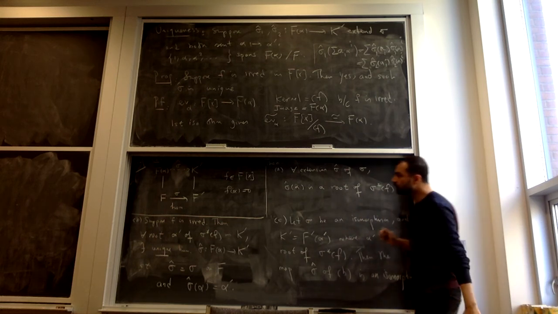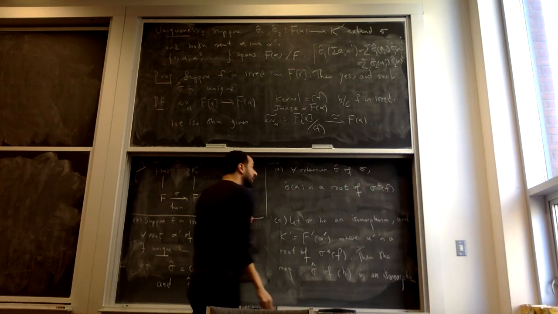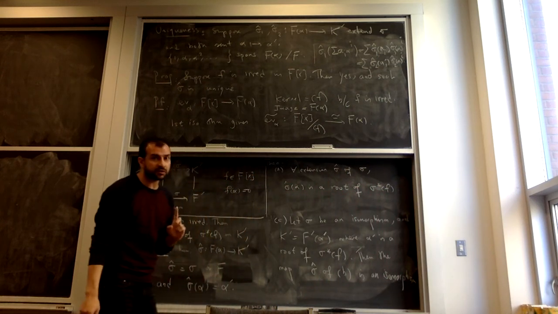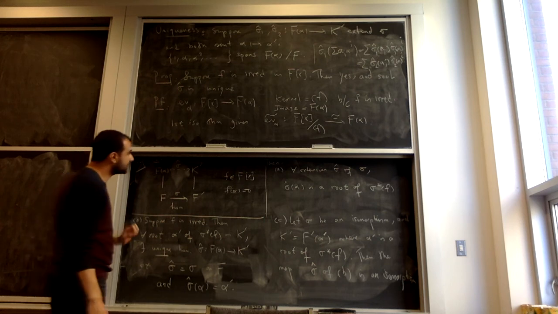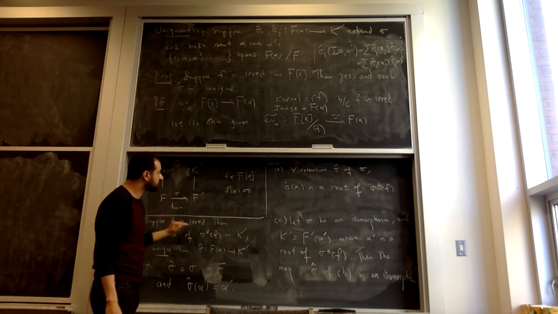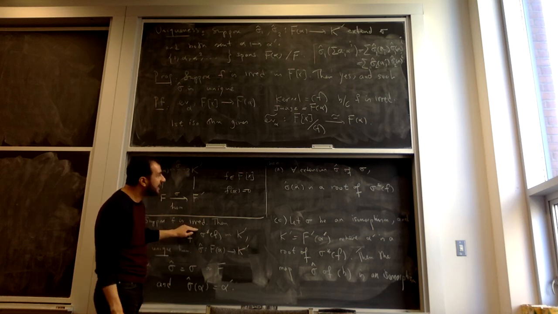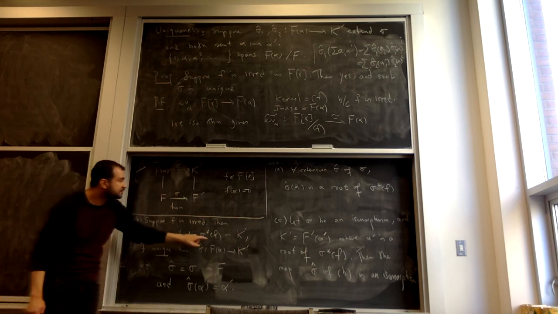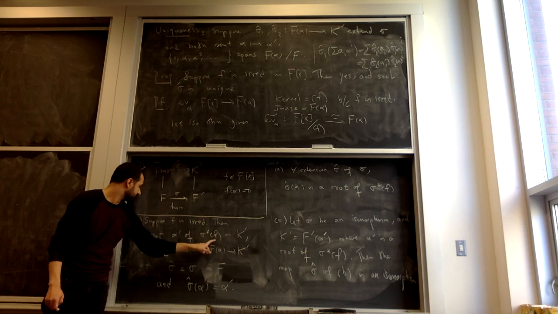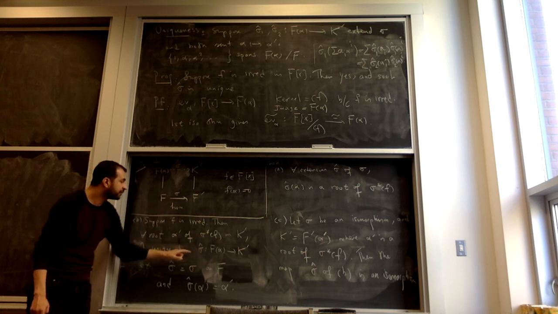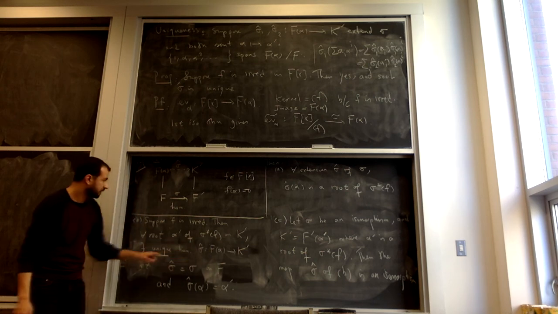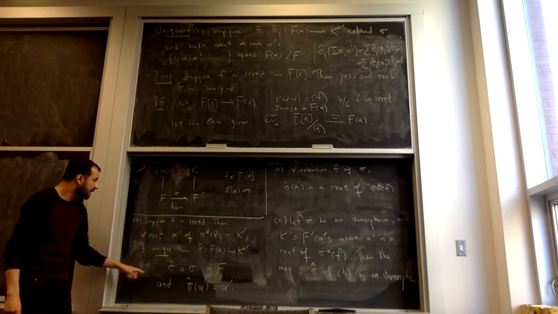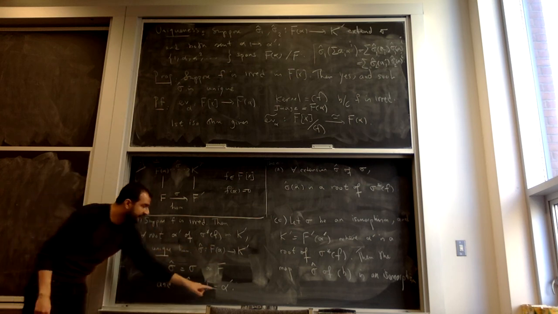Next thing we proved was that if we assume that f is irreducible, this hypothesis is crucial here, so up to multiplication by a unit it's the minimal polynomial of alpha, then for any root alpha prime of sigma star f, there's going to be a unique homomorphism sigma hat from F adjoin alpha to K prime, which extends sigma and sends alpha to alpha prime.